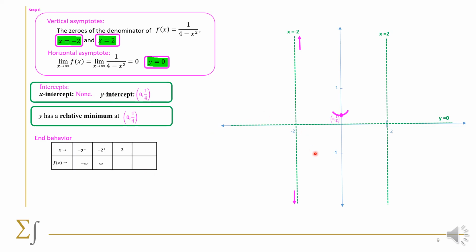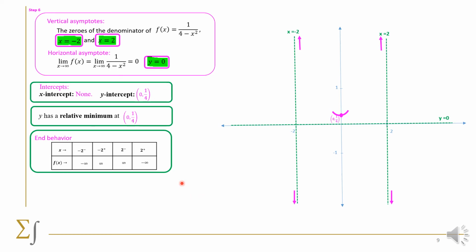The same thing we do when we get closer to positive 2 from the left and from the right, and we try to find the signs, we will find them as follows in front of you in this table, and we are now able to put the ends as we see according to the choices given to us by this table.